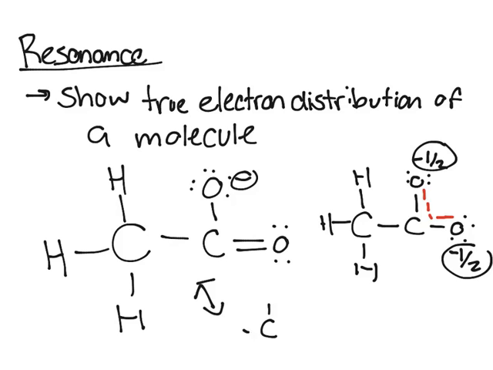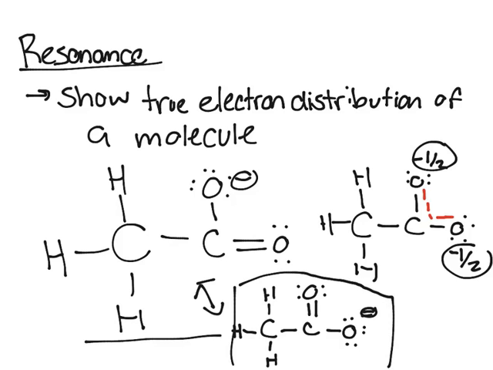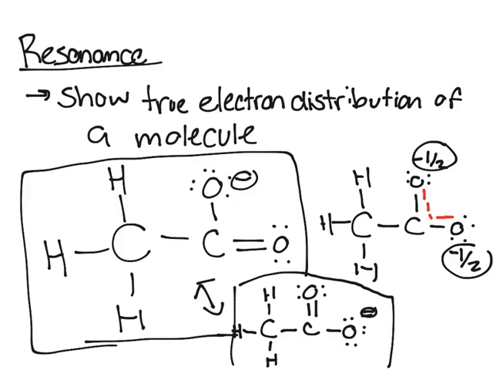And I'll draw the other one down here. That's a negative. And then so that resonance arrow indicates that these 2 molecules are resonance structures of each other. But what the actual molecule really looks like is that.